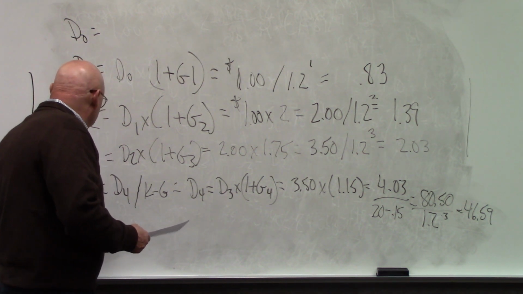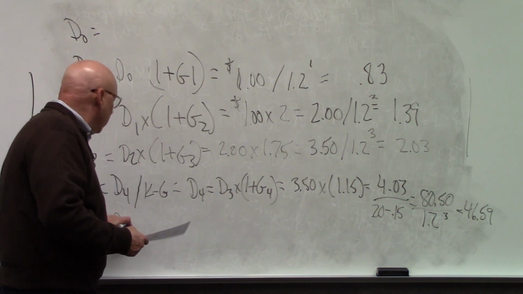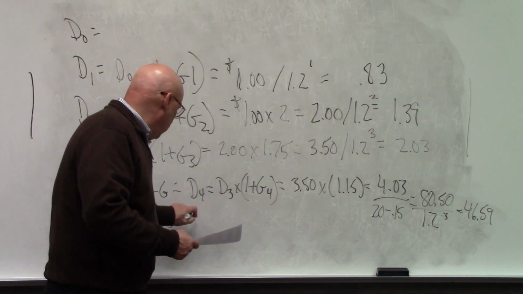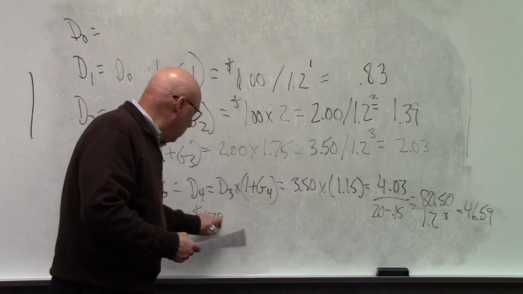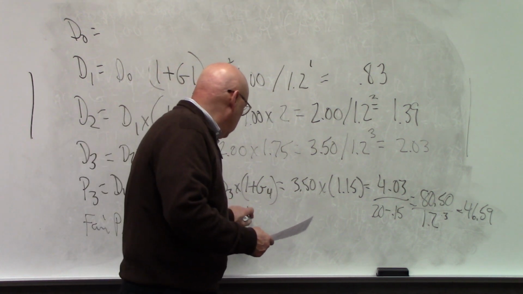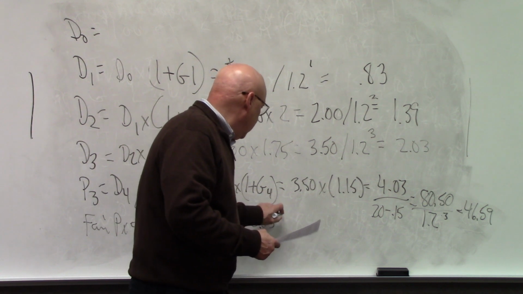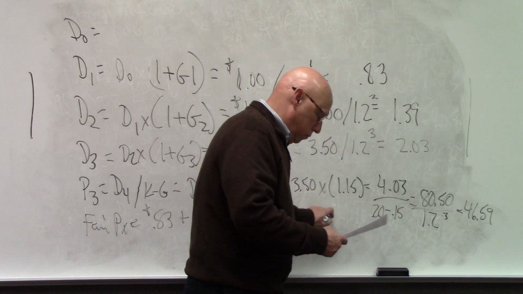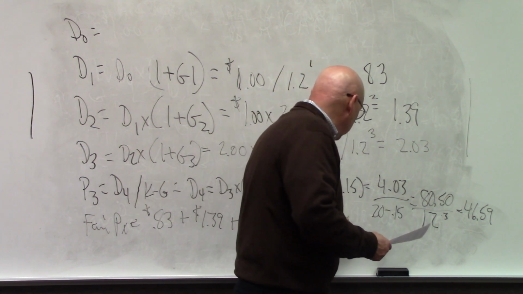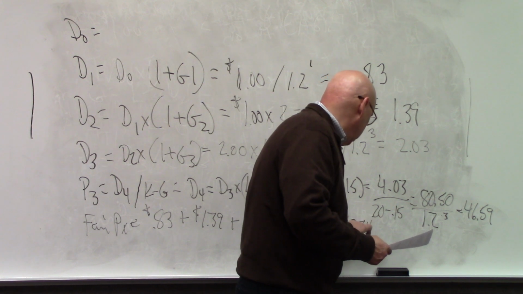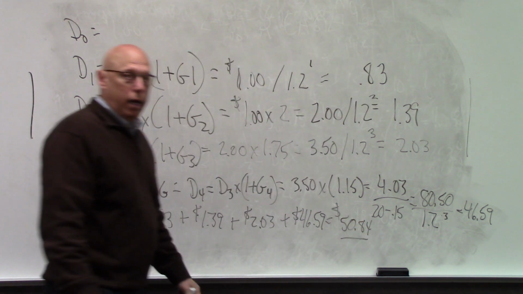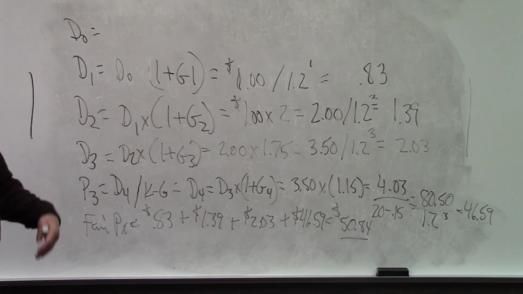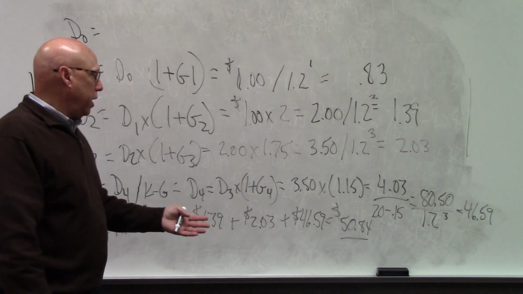So a fair price equals 0.83 plus 1.39 plus 2.03 plus 46.59, which equals $50.84. Okay? A fair price for the stock is equal to the present value of expected future cash flows.